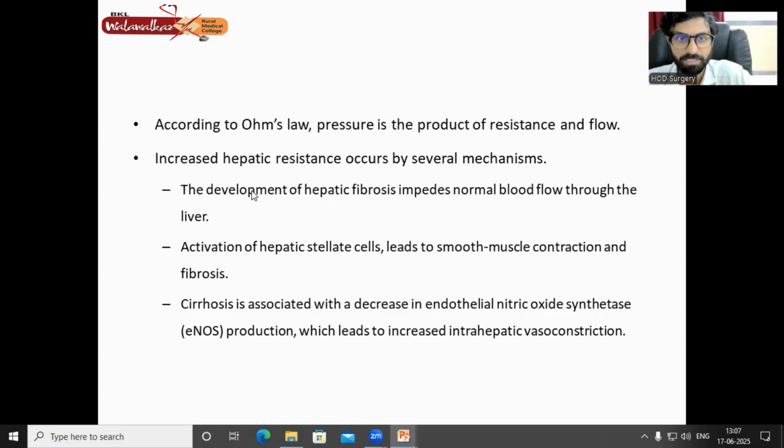And the hepatic resistance can increase due to several mechanisms again. First one is development of hepatic fibrosis, which impedes the normal flow through the liver. Second is the activation of the hepatic stellate cells, which leads to smooth muscle contraction and fibrosis.